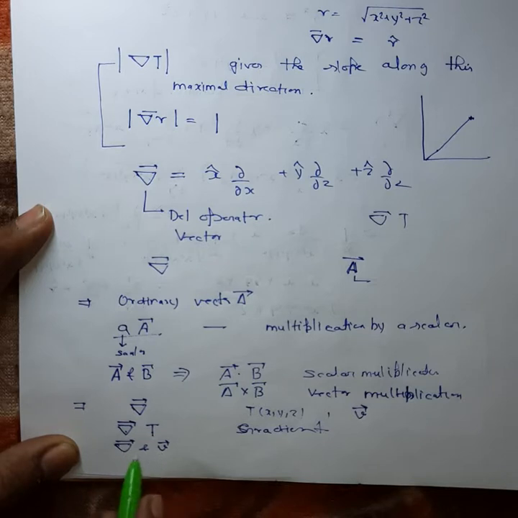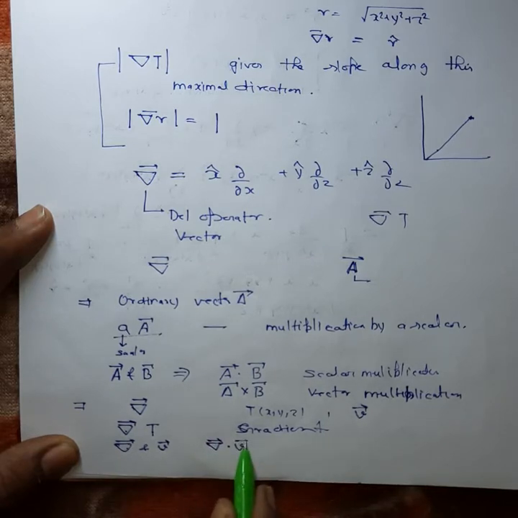Okay, so you can multiply del and v in two ways. Both are vectors, so you can take their dot product, and you can take their cross product. When you operate on some scalar function, it gives you the gradient.